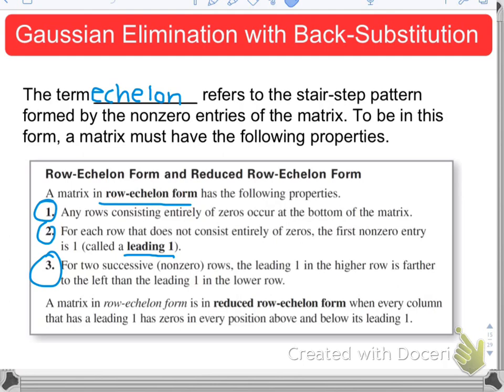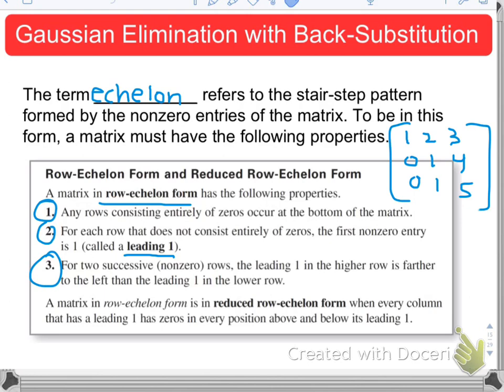So let's say we have the rows 1, 2, 3, then 0, 1, 4, and then 0, 1, 5. This is a pretty nice example, I just made this up. So the first condition is that any row consisting entirely of zeros must occur at the bottom.